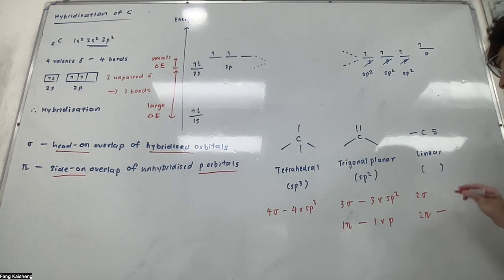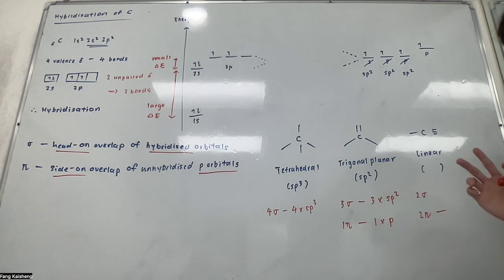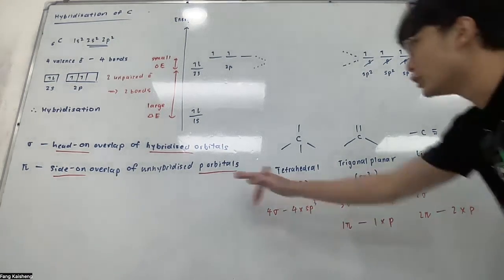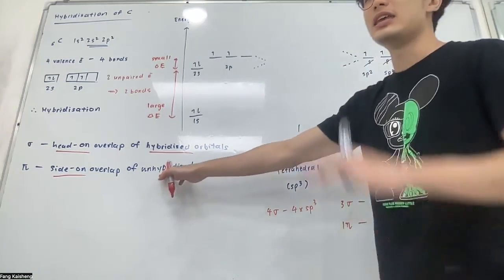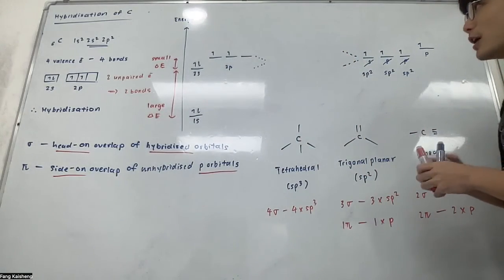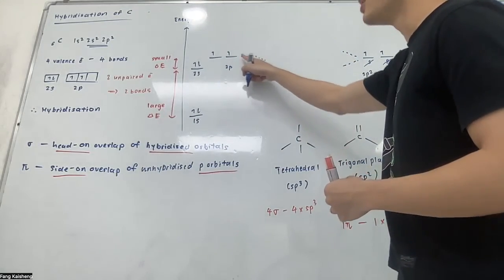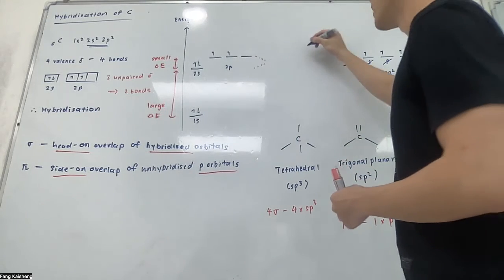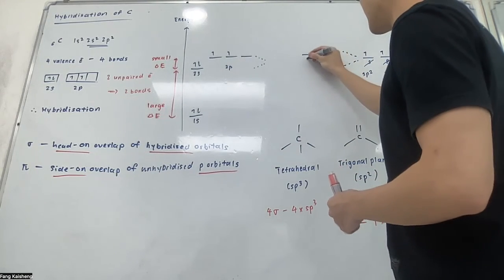Now, we do know that if you want to form two pi bonds, you need to have two p orbitals that do not hybridize. They cannot participate in this activity here. So what I'm going to do first is take out these two p orbitals, and their energy level must be the same as before.